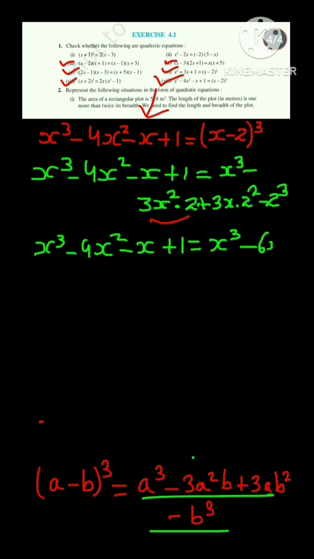minus 6x square, and here also firstly square of 2 will be 4, and that 4 should be multiplied with 3, then we obtain plus 4 threes are 12x, and cube of 2 will be, okay, minus 8.